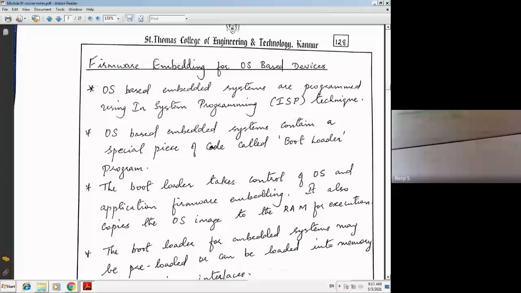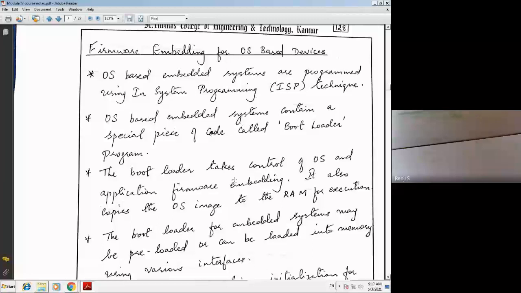They contain a special code called the bootloader program, which takes control of the OS. As in our PC, it copies the OS image to the RAM for execution. When we want to execute certain programs, they must be loaded into the RAM.